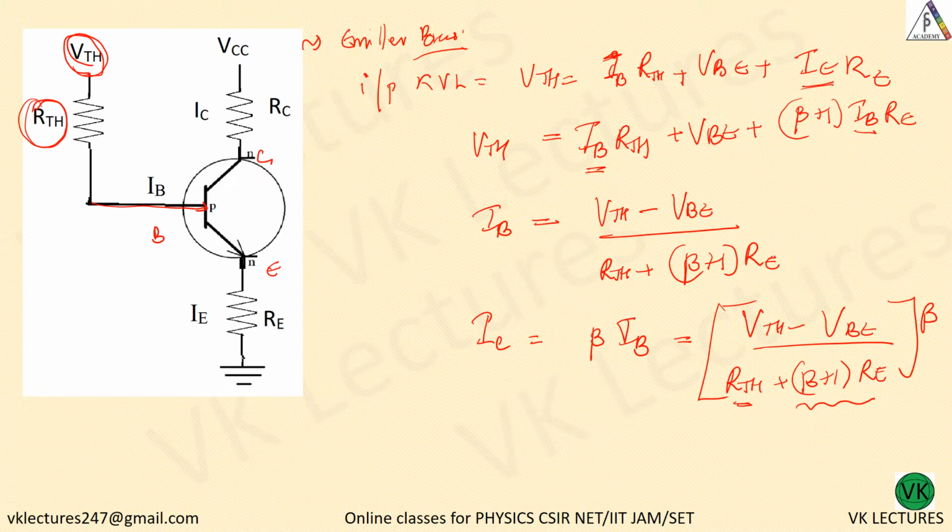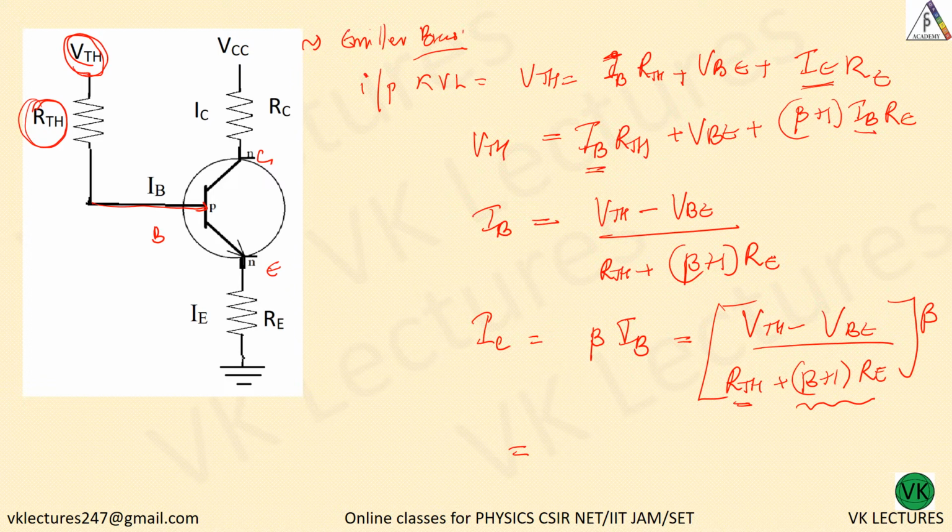So this quantity is a large quantity. So once again I am telling this simplification has to be done only when this RTH is very much smaller. It should not be like 20 and 50. It should be around 1 and 100 in that ratio. Then you can neglect, or of the order 1 and of the order 10, 100 in that way.